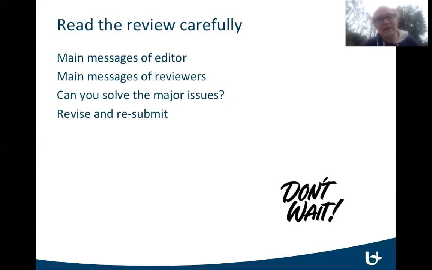And usually the editor offers you a solution to deal with this, but sometimes she or he doesn't. So then you need to think about how you can solve the major issues, and need to give arguments when you revise and resubmit your article. So what you need to do is look carefully through the list, and make yourself some decisions about how you can deal with the comments.